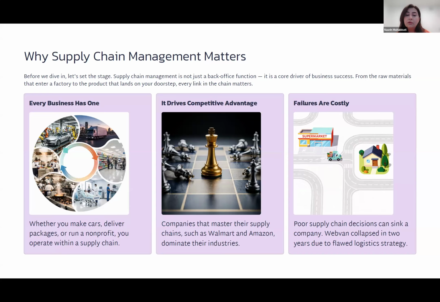Let's compare Walmart and Amazon. We all know that Amazon is very famous because of its responsiveness and being fast in terms of delivery. On the other hand, Walmart is more known for being cost efficient. So basically, they have different supply chain strategies, and we're going to cover them in this course.